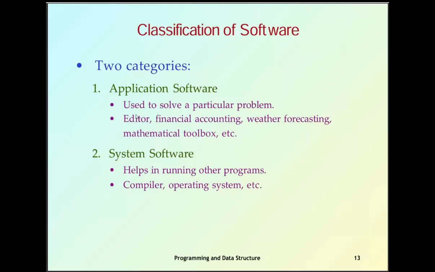But if there is no operating system, then that laptop is nothing but dead. Why? Because you will not be able to interact with your hardware. Then how will you use it? For that purpose, we have the operating system. The operating system is a system software that provides an interface between the user and the hardware.